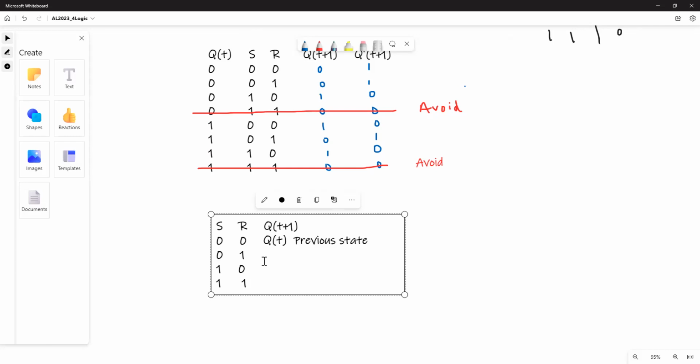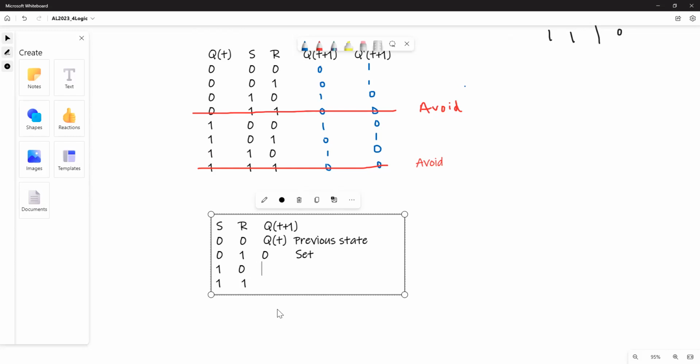So when you have 0, 1, what is the outcome? Yes, when you have 0, 1, look at when you have 0, 1. When you have 0, 1, outcome is 0. So we can say, okay, this is 0. We normally call this set. This is set.